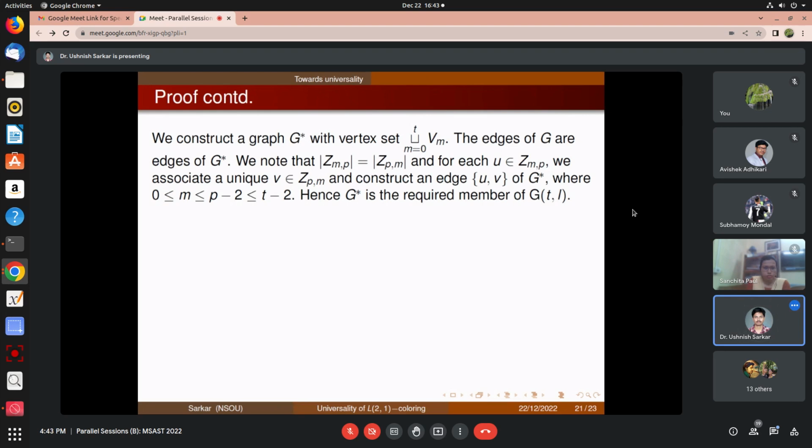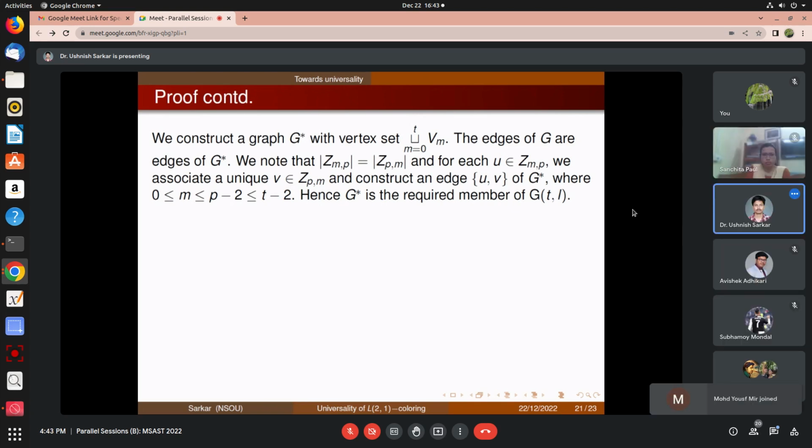For each u belonging to Z_mp, we associate a unique vertex v belonging to Z_pm, and we join these two vertices with an edge. Thus we get a G star which belongs to this universal family of graphs, universal in that sense.